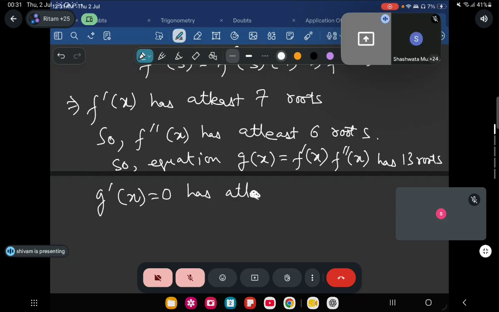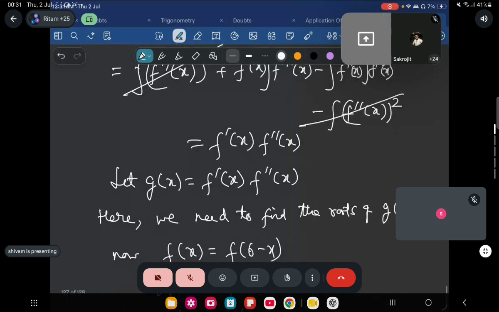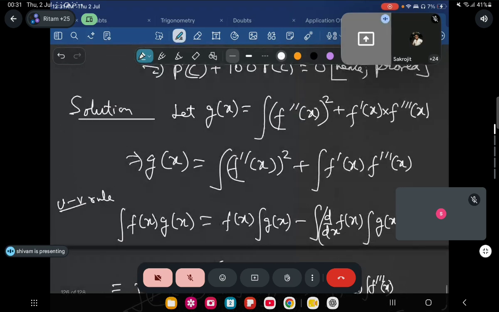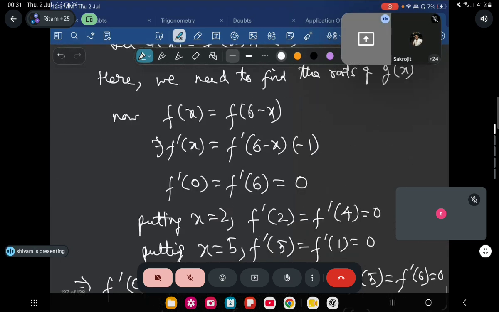A proper advanced level question, everyone. This kind of question can come in advanced. At least 12 roots. So don't you think it's better to move on to the next question if this is this lengthy? I had explained, so it is so lengthy.